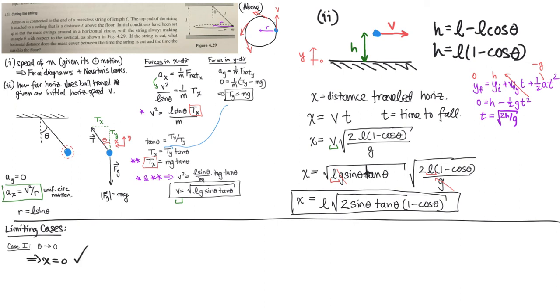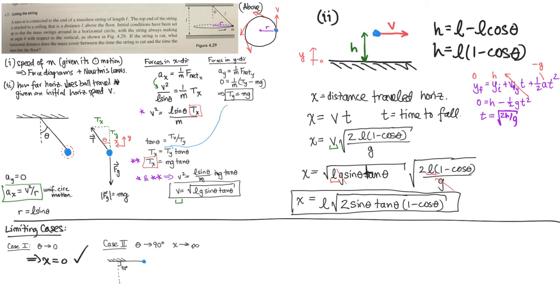So that's good. What about if theta goes to 90? Well, as the angle theta goes to 90, then that's basically saying we have a horizontal circle all the way up parallel with the ceiling. Well, in order for that to happen, the velocity of the ball has to approach infinity. So we would expect that the horizontal distance traveled when you cut the rope would also approach infinity.